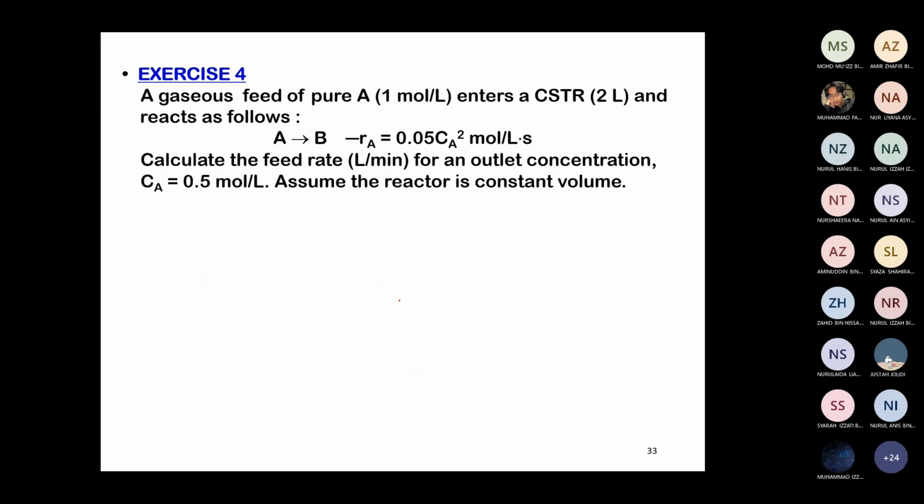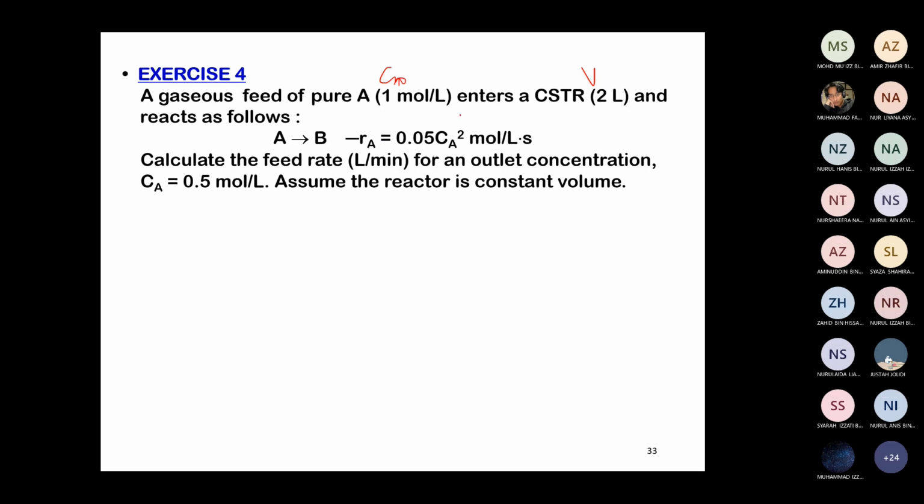For exercise 4 pula, a gaseous feed of pure A, given this CA0, enters a CSTR with this volume. We have A to B, negative RA is equals to 0.05 CA to the power of 2.